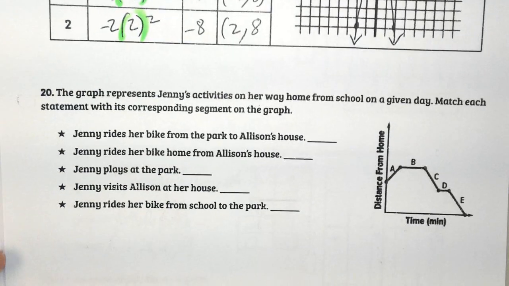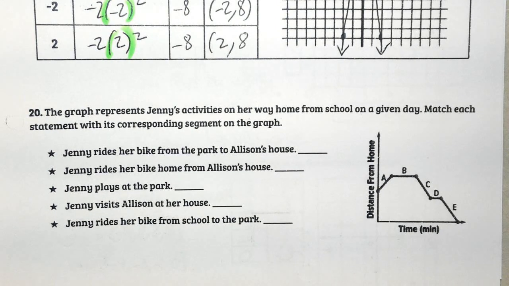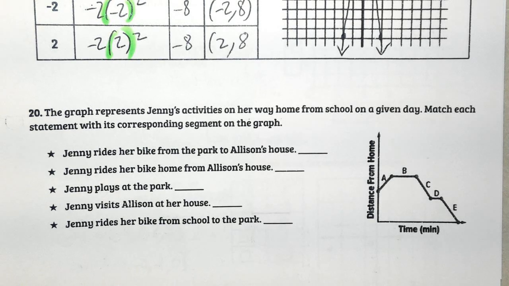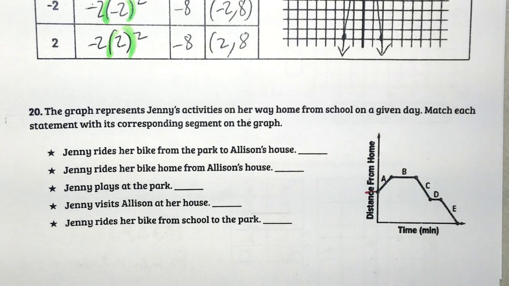Okay. So the last one, you really have to read it carefully to make sure you have the correct answers on this. It says, the graph represents Jenny's activities on her way home from where? From school on a given day. Match each statement with its correct corresponding segment on the graph. So it says she's starting where? School.